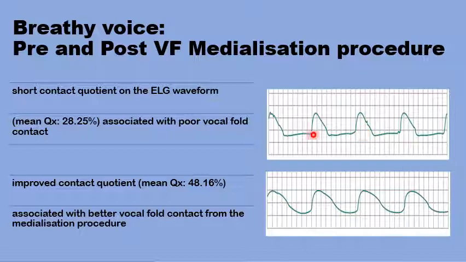The contact quotient for this patient was 28 point something compared to the usual 45 or 46% contact quotient. After the medialization procedure, things improved. The voice is now better and no longer breathy and weak. The contact quotient here has improved to 48%, and there is a longer contact period, longer closed phase, and a shorter open phase.